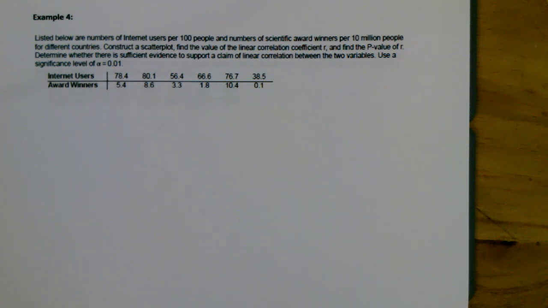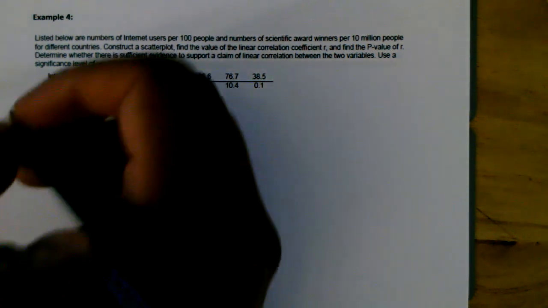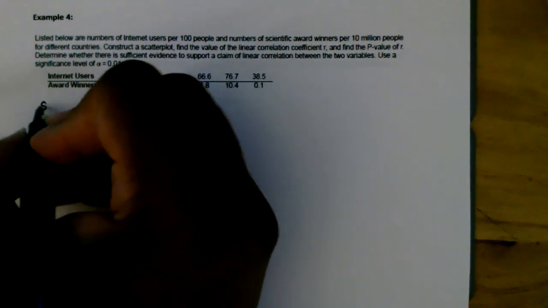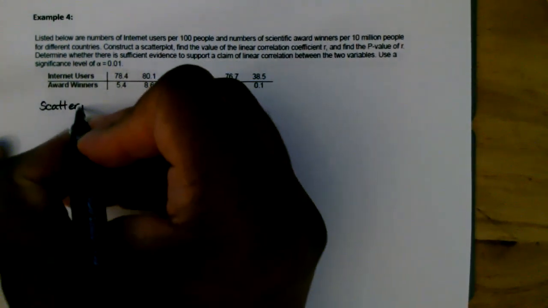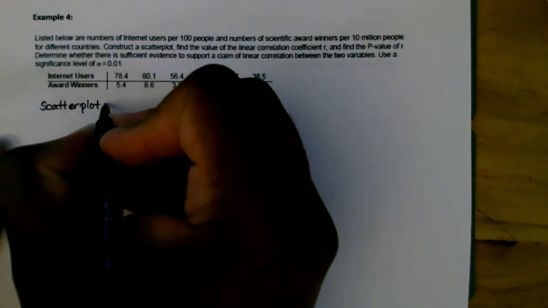Determine whether there is sufficient evidence to support the claim of a linear correlation between the two variables, and use a significance level of alpha equals 0.01. Okay. So now, for the scatter plot, we're going to use the TI-83 or 84 Plus calculator.